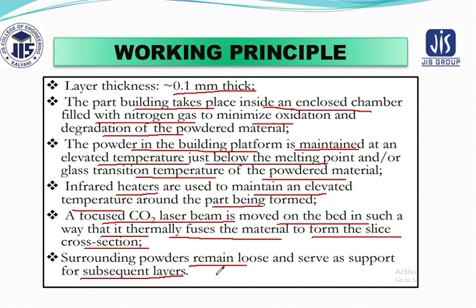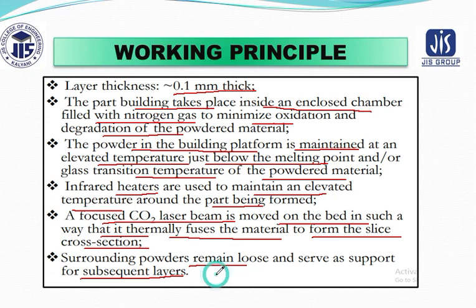In stereolithography, you are using liquid photopolymers, but in selective laser sintering, you are using powder. It can be non-metallic or less metallic. Basically, non-metallic powders are preferred to carry out this particular process.